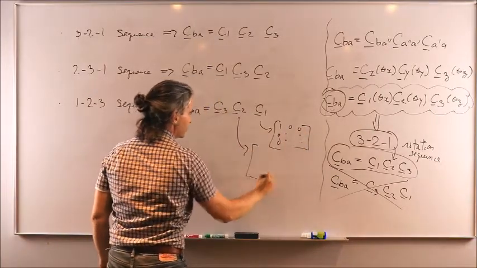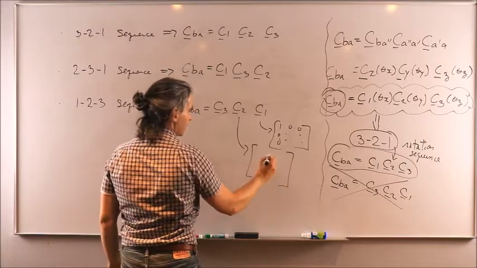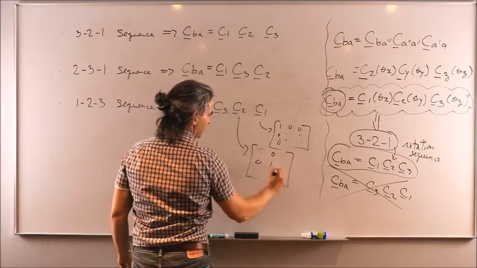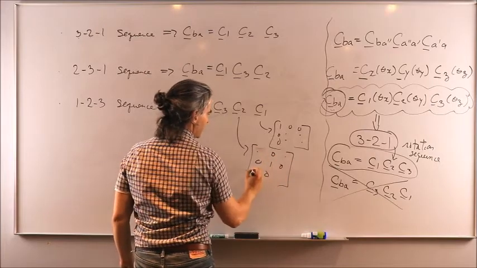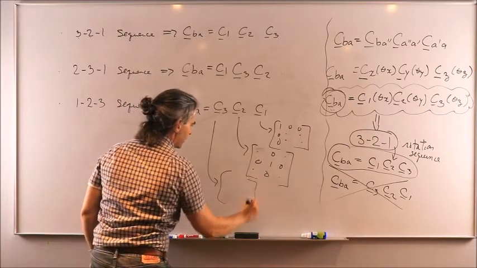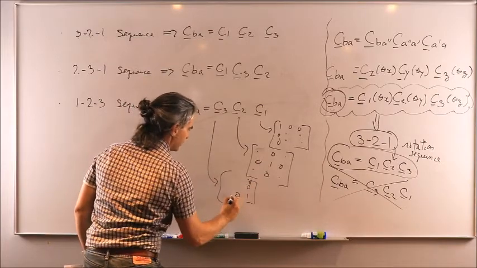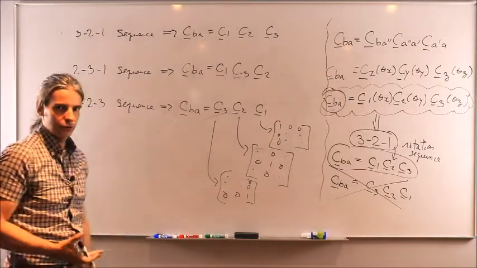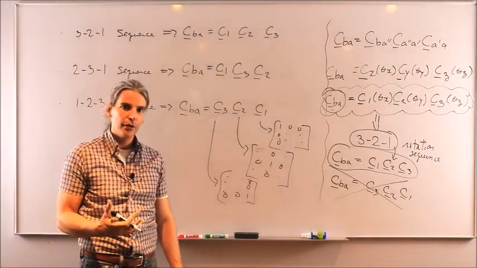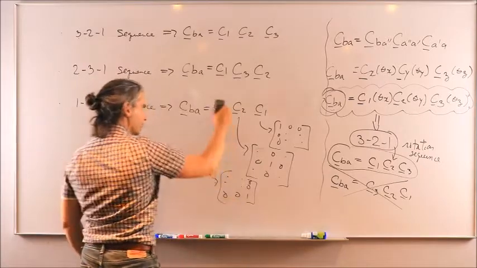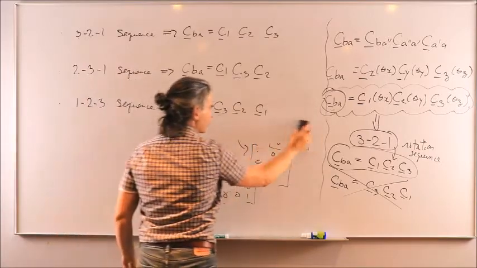Your C2 is always what's written in the lecture notes, so that's this one, cosine, minus sine, cos, or whatever. And the last one is another 3 by 3, 1, zeros, cosine, cosine. And then you just multiply those 3 by 3 matrices together, and you would easily calculate CBA, okay? But the order with which you do the multiplication is crucial.